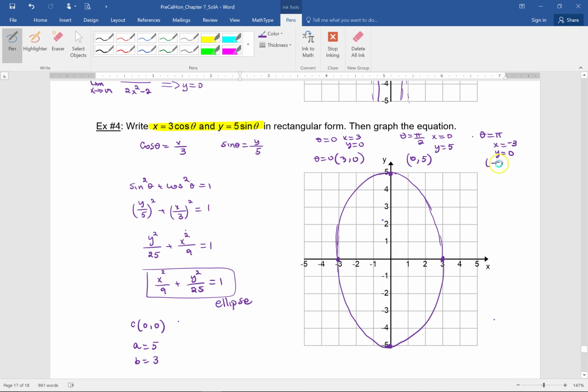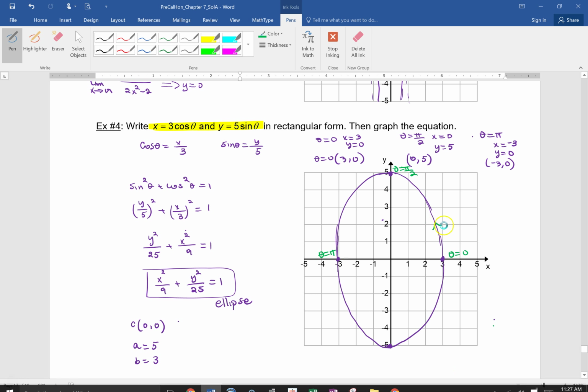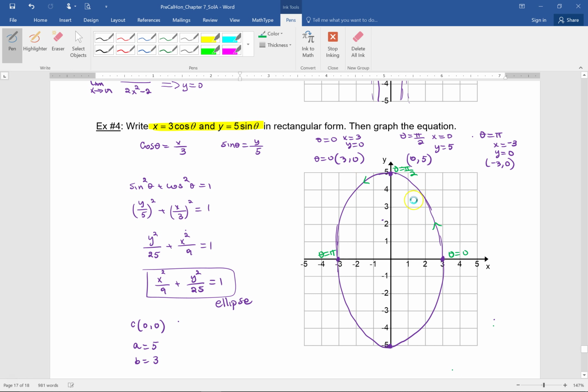So at negative 3, comma 0. So at 3, comma 0, theta is 0. So here, theta is equal to 0. Here at 0 and 5, how much is theta? And here theta is equal to pi. So what's the orientation of this equation? This way.